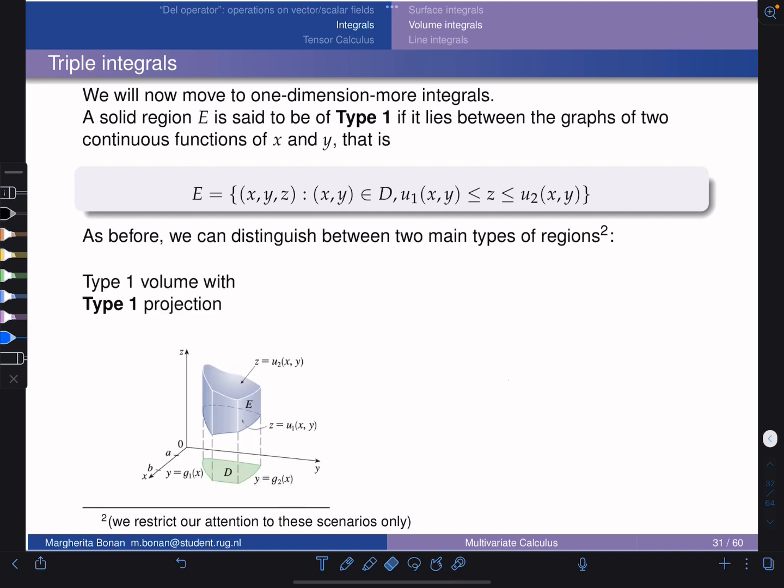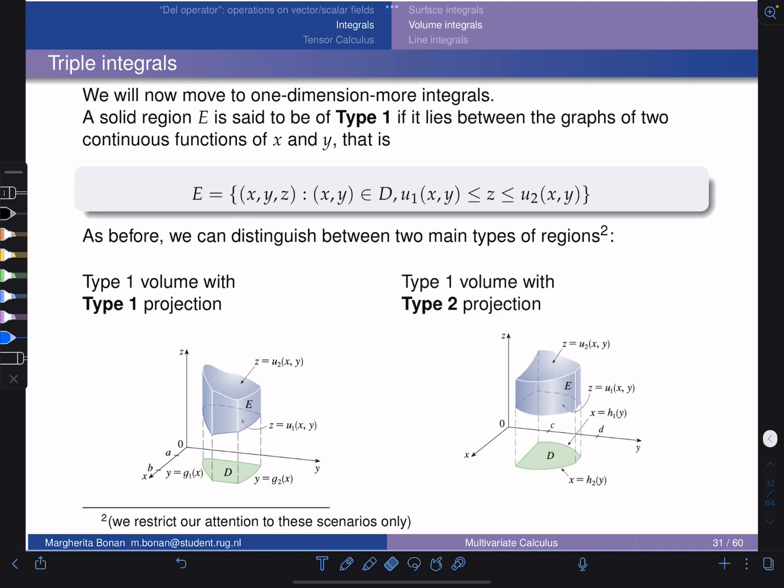We have either a type 1 volume with a type 1 projection, or the same type 1 volume with a type 2 projection. Here, type 1 volume means, as in the definition that we gave, that it is bounded by functions of x and y, and the projection is the region D. It can be of type 1 or type 2, as we saw in the previous videos.